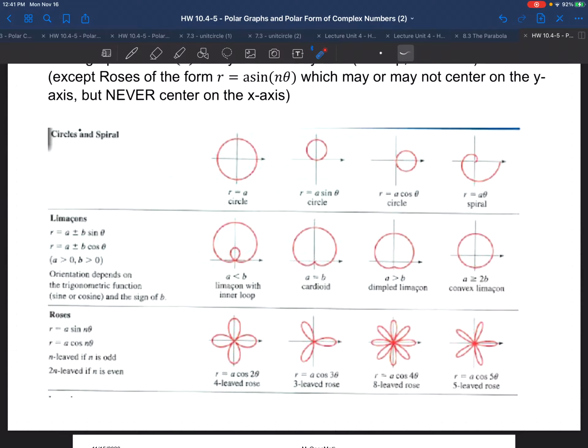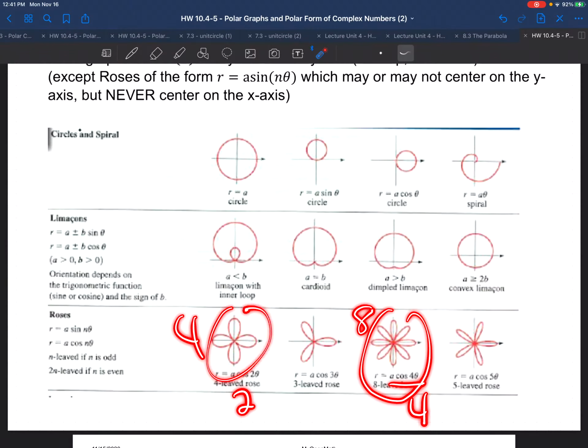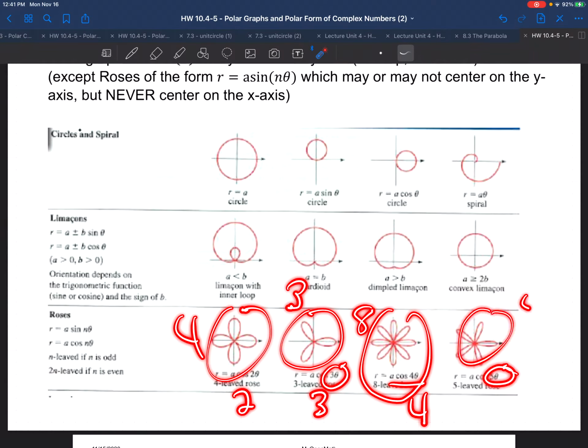In other words, if you have cosine 2 theta, you have 4. 2 goes to 4. If you have cosine 4 theta, you have 8 leaves. 4 leads to 8, 2 leads to 4. See that? You double. Whereas if you have 3 theta, you have exactly 3. And if it's 5 theta, you have exactly 5.